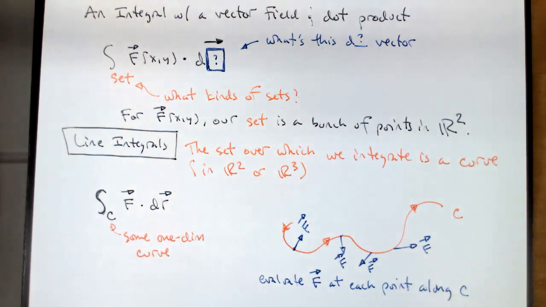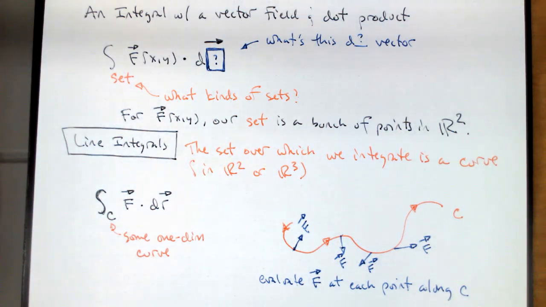Now we need to make a dot product, F dot dr. All these vectors F, I've got to find a dot product with some other vector. The dr is going to be a small piece of the curve in vector form.